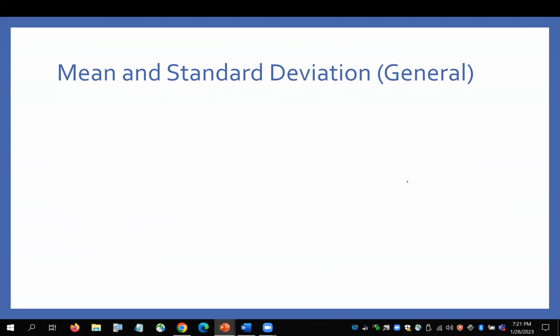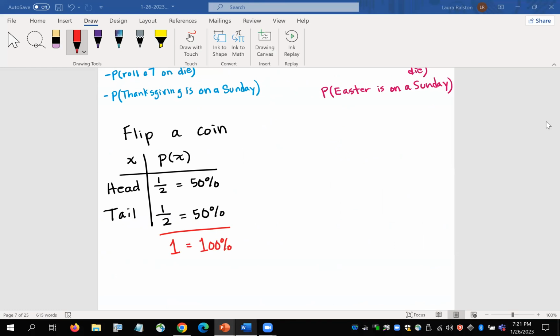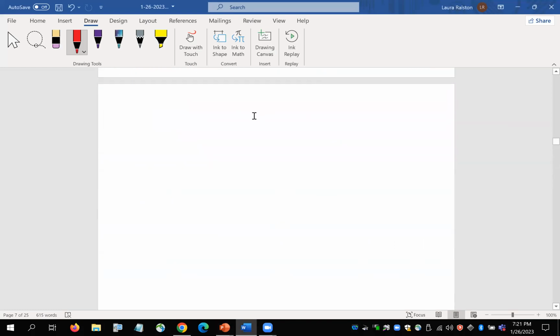Okay, so you may want to go to a separate piece of paper and begin to make a list of the formulas. You may want to go to a clean sheet of paper and maybe label it probability distributions. And then label it general.